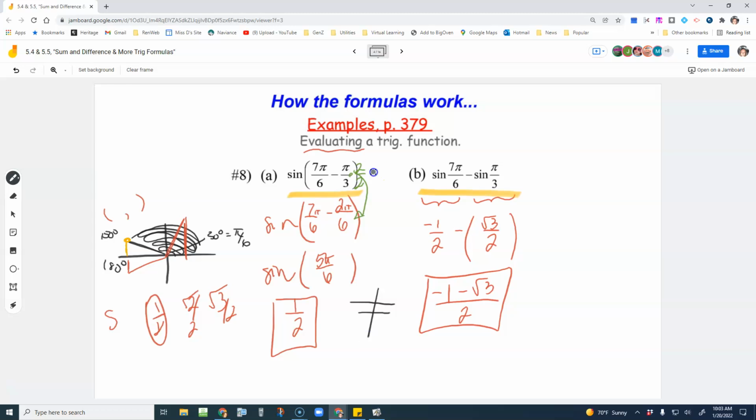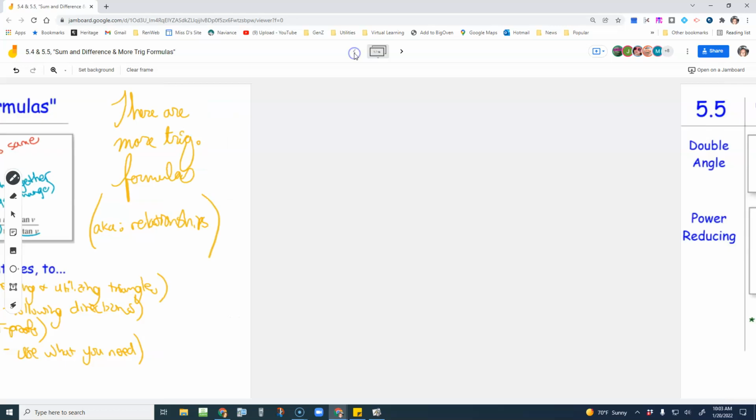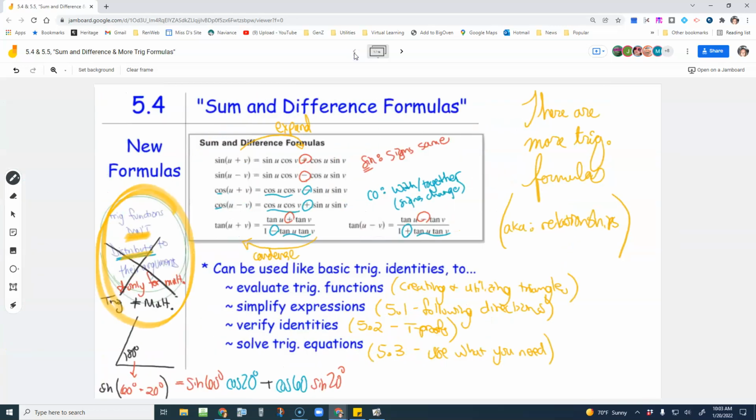So what are they reminding you does not happen in trig? Exactly. And what was one of the most important things that I said about all of section 5.4? I know there are all of these formulas, but what does trig never do? Because it's not multiplication. It's not sine times, it's sine of.